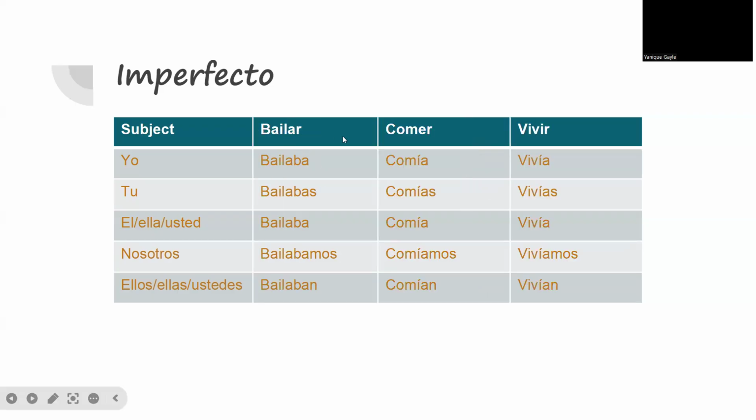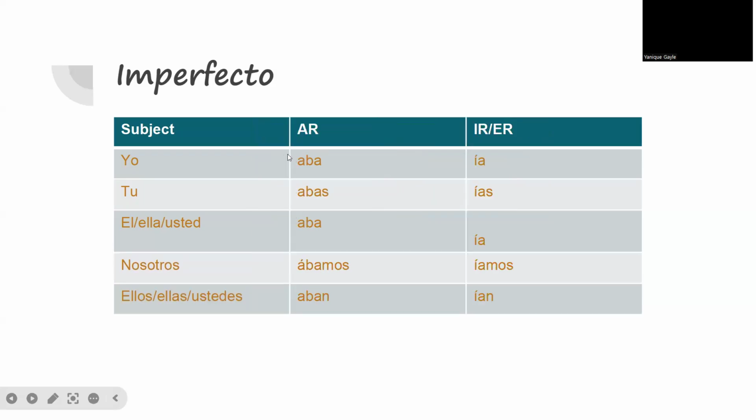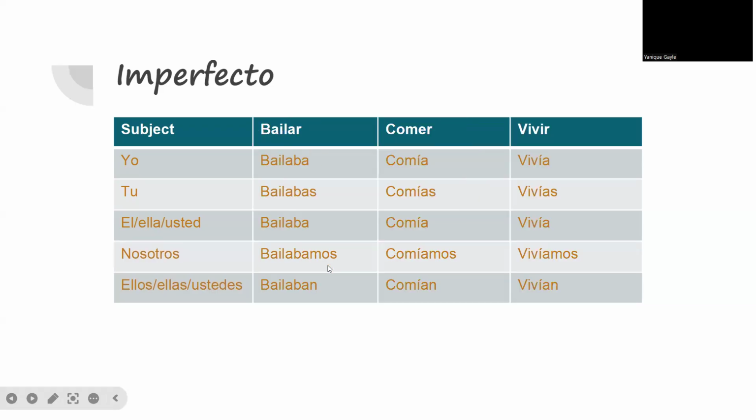Now we have the verb bailar, which means to dance, comer, which means to eat, vivir, which means to live, the common verbs in Spanish, AR, ER, IR. Now, what we have to do is take off the AR and add the endings. Aba, abas, aba, ábamos, aban. So we get bailaba.